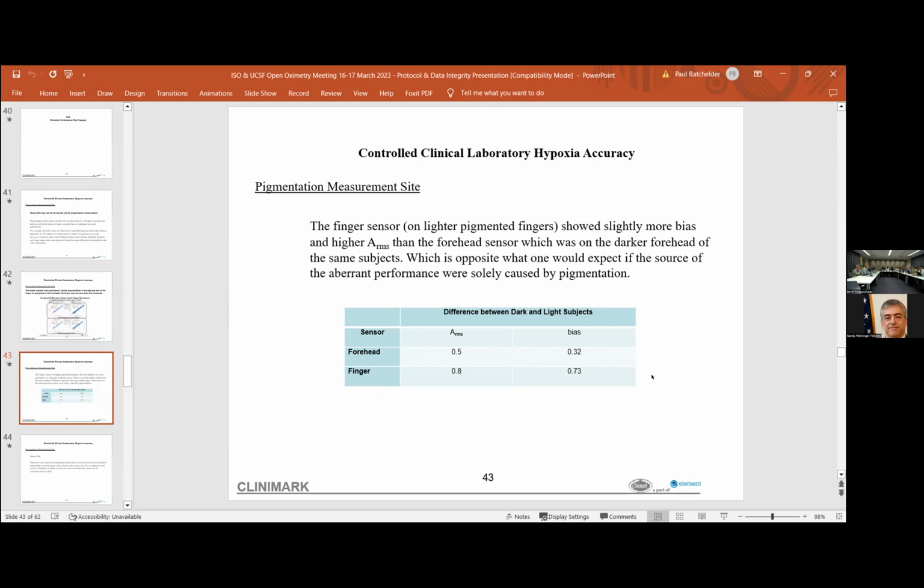That's really all I wanted to put into the information here. We could talk about it at length, but the bottom line is with empirical data in a large data set, 195, 43 of those being deeply pigmented, the forehead sensor performed a little bit better than the finger sensor, which was much lighter in pigmentation, on the same individuals.